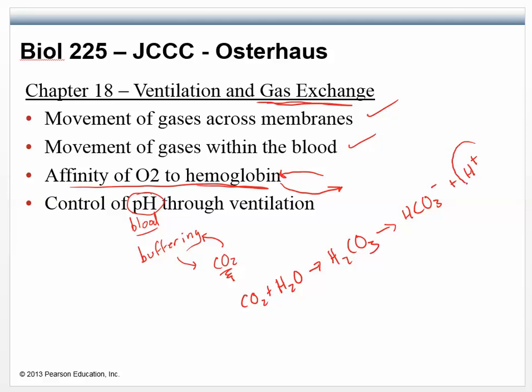Remember, when we're talking about pH, we're talking about hydrogen. So that means that as we have more carbon dioxide, we end up with ultimately more hydrogen. I wrote this here because you're going to see it a few times.